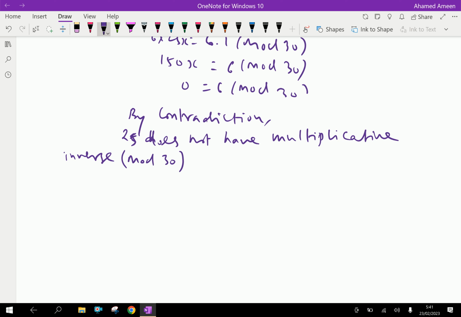That means you are not getting any value other than 0 here, because 150 is a multiple of 30, and we are getting 5 as a quotient. This is a contradiction because it is not true.